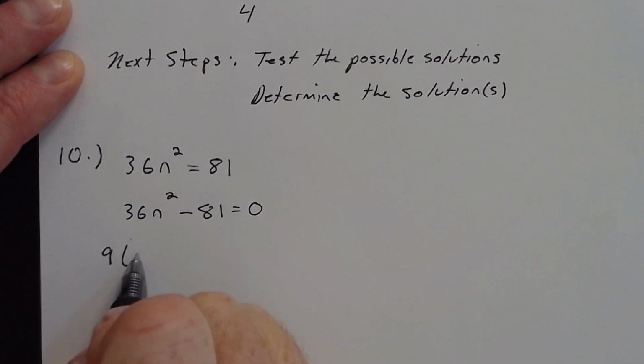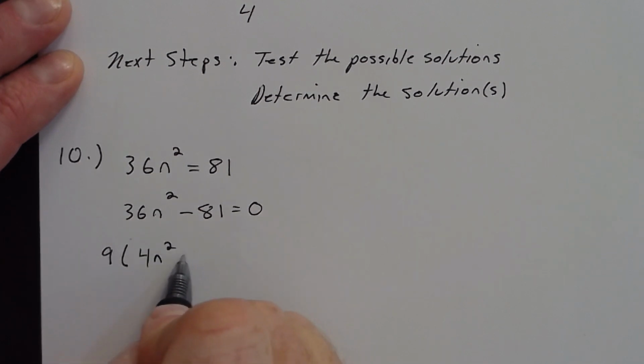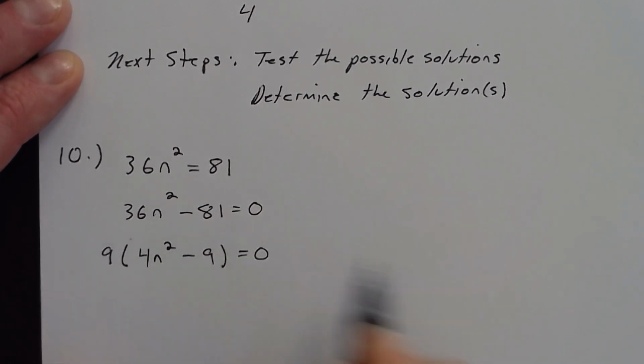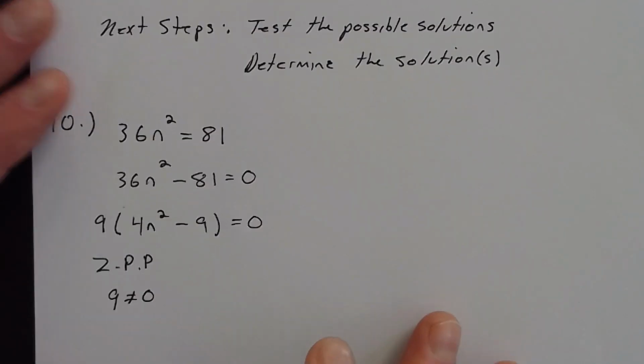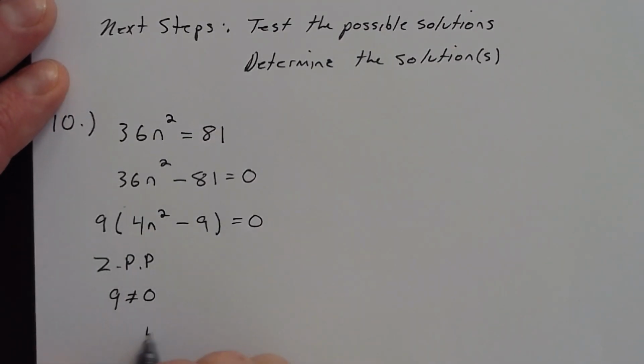So 9, so this would be 4n squared minus 9 is equal to 0. Well, of course, the zero product principle now. Well, certainly 9 is not equal to 0, so we just get rid of 9. And we set 4n squared minus 9 equal to 0.